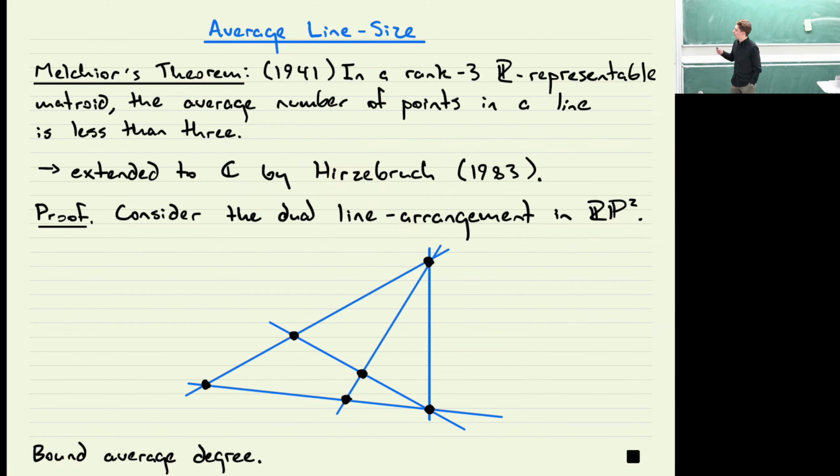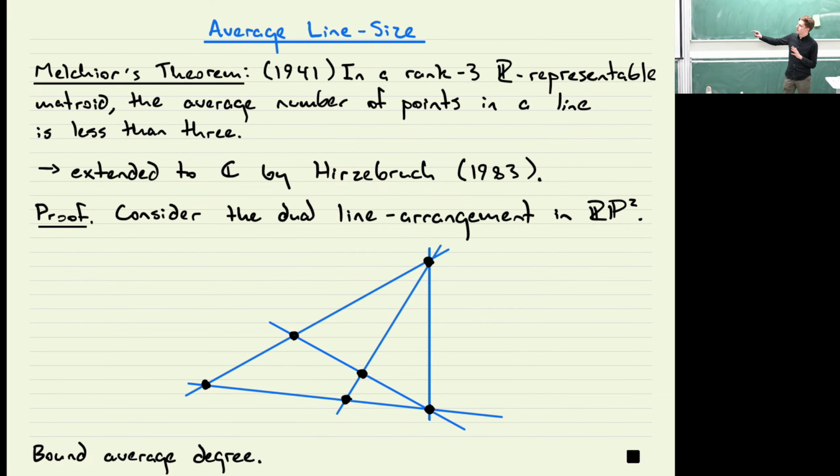So basically, what I'm saying is, before we tackle the problem of bounding average plane size, we should figure out a new way of bounding average line size, hopefully using a technique that we can generalize and extend to the planes problem. And we're going to use some geometry to do this.